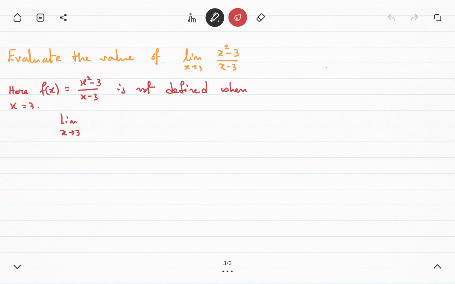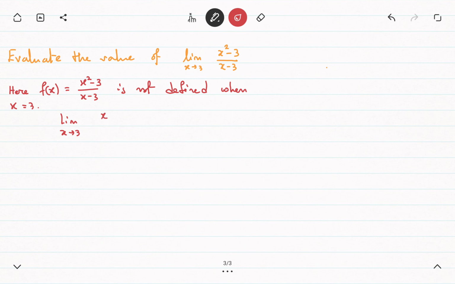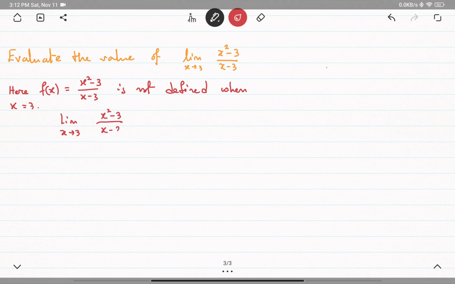So we can make a guess for the limit as x approaches 3 of x square minus 9 over x minus 3.